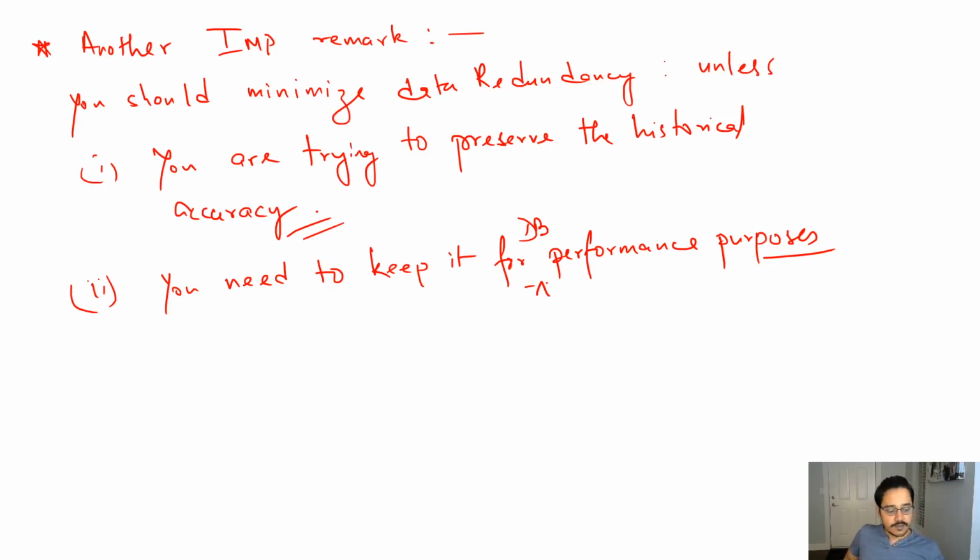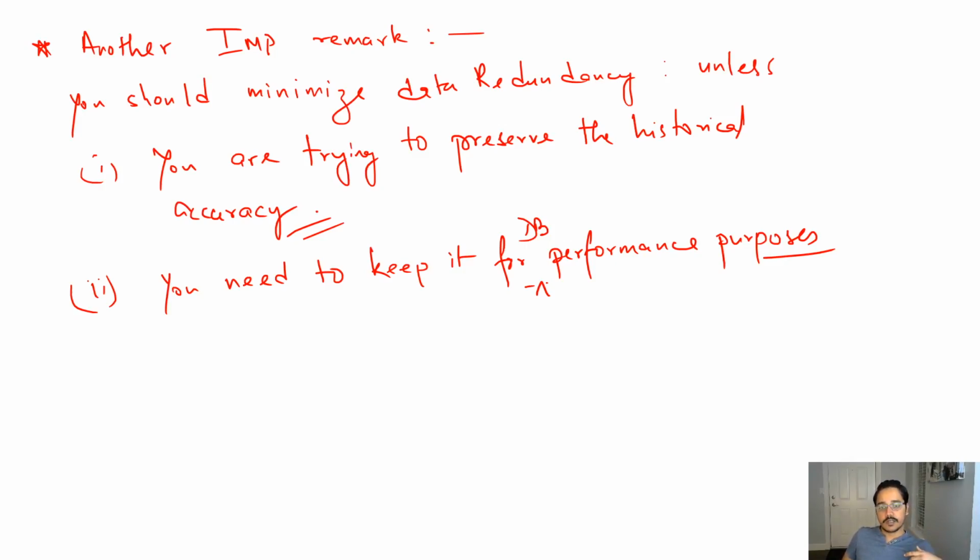So in that situation, you would like to preserve the price of a particular product rather than deleting it and keeping the most up-to-date price. Because the price that was there for the product back 5 years ago is not the same. So in order to maintain the historical accuracy or preserve, then you would want to have data redundancy.